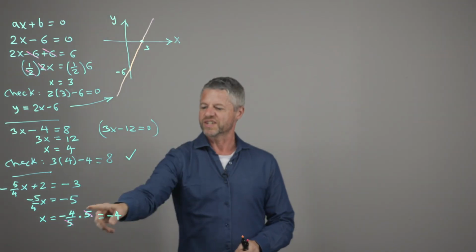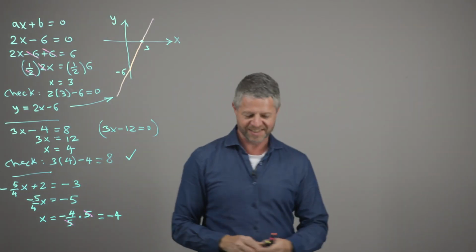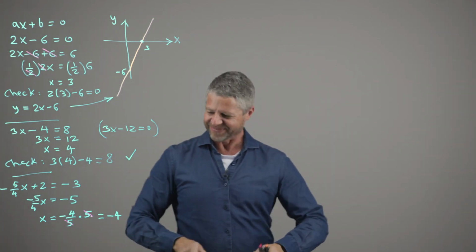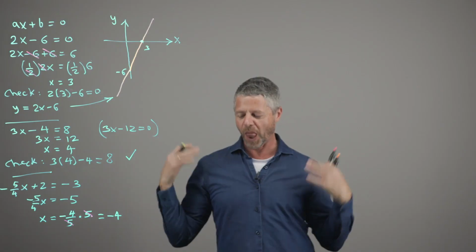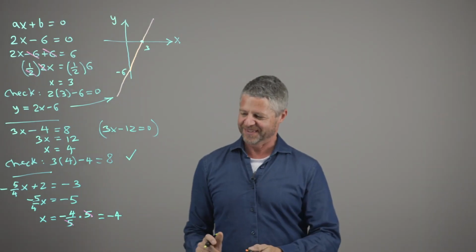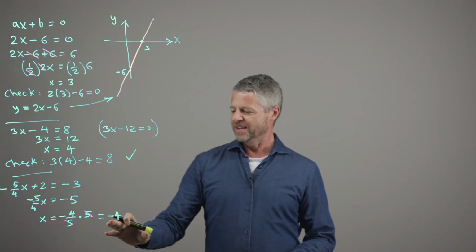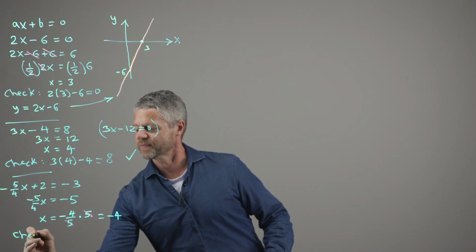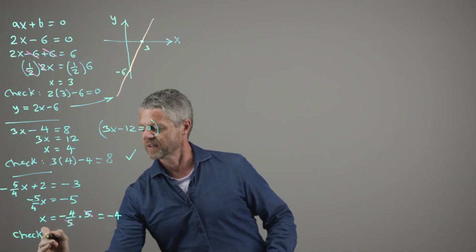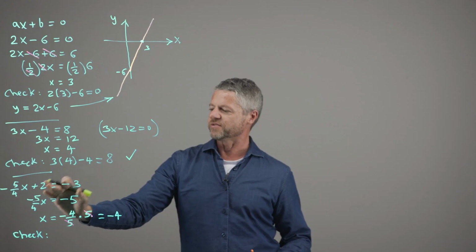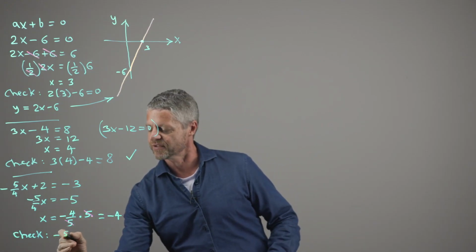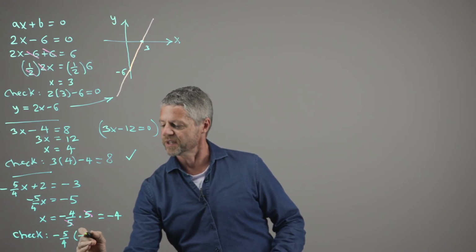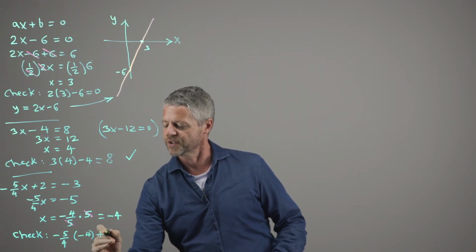Oh, it's because I got a minus. I do have a minus. So we're fine. Okay. So just rewind, and so we end up with the minus 4, and again, just check that it's correct. So we'll plug in minus 4 into our original equation. So minus 5 over 4 times minus 4 plus 2.